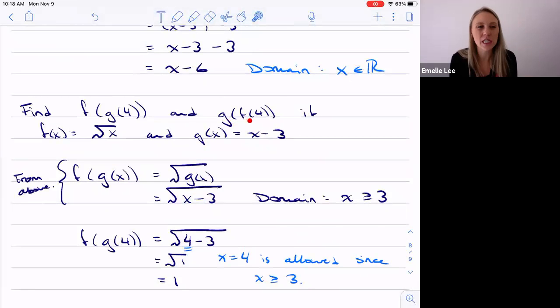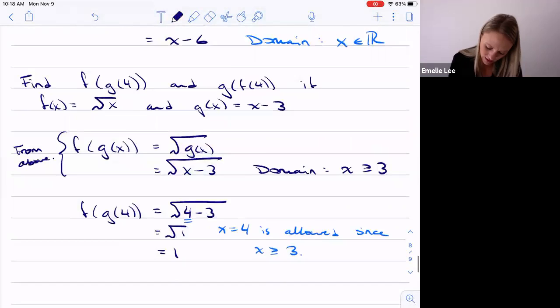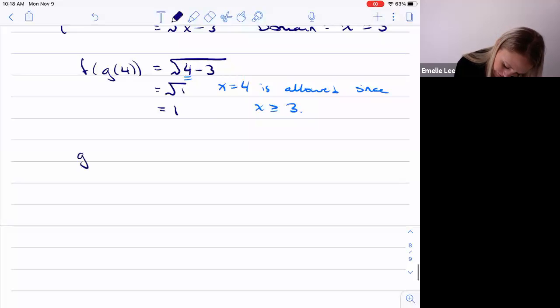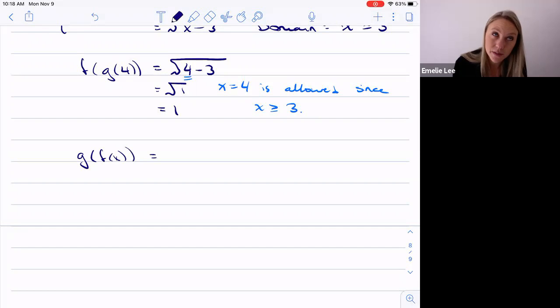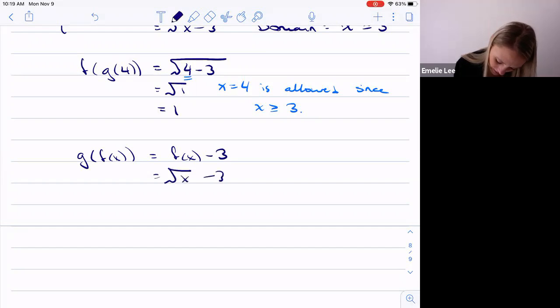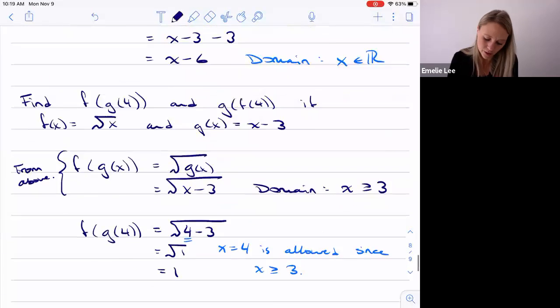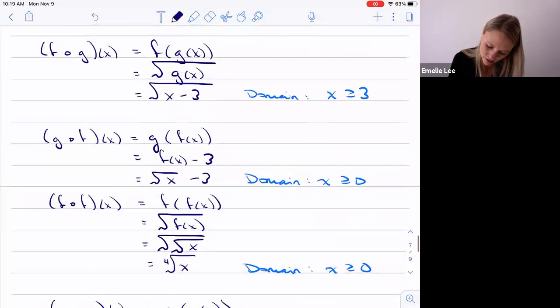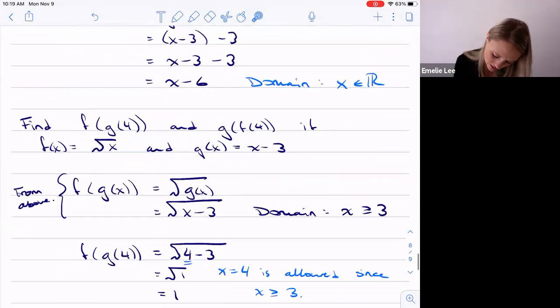If we move to g of f of 4, g of f of x is f of x minus 3, which is the root of x, minus 3. If we go back up there, for g of f of x, I'm allowed to put in any value of x as long as it's greater than or equal to 0. So x equals 4 is greater than or equal to 0, so that's allowed.